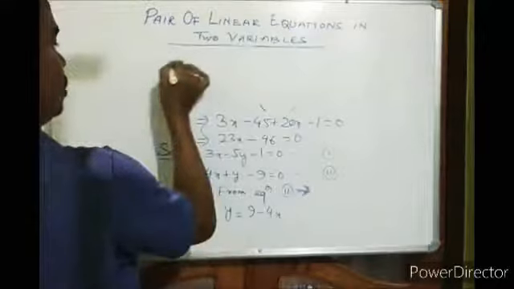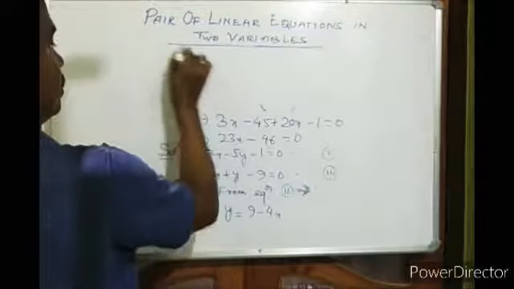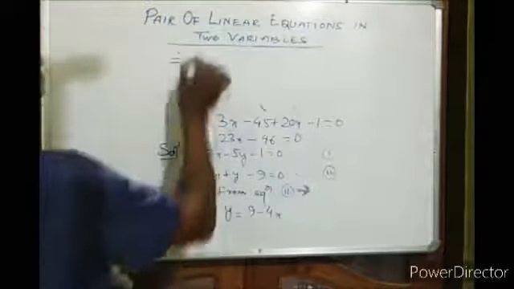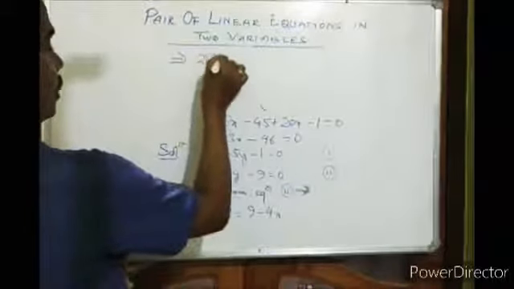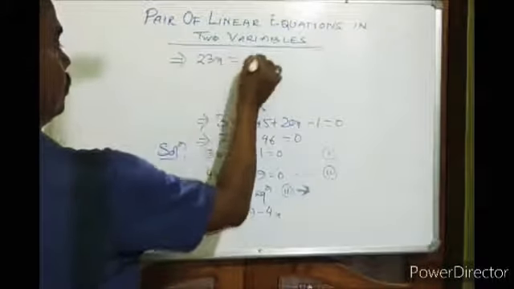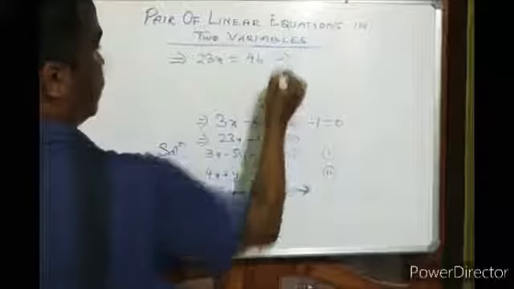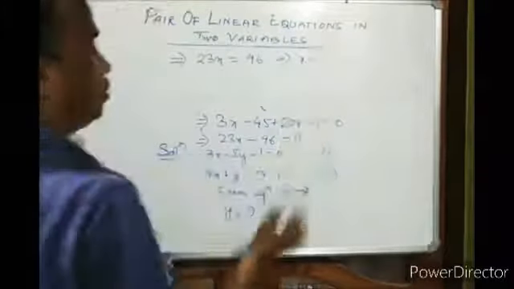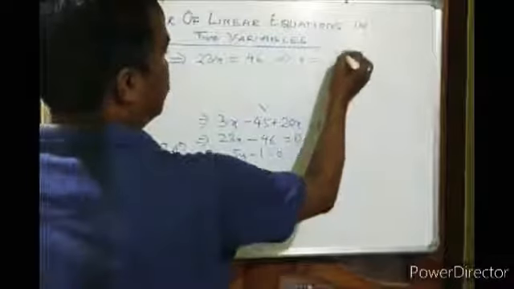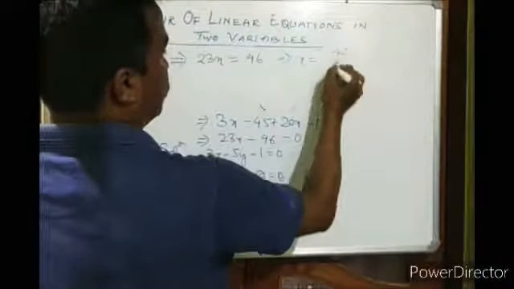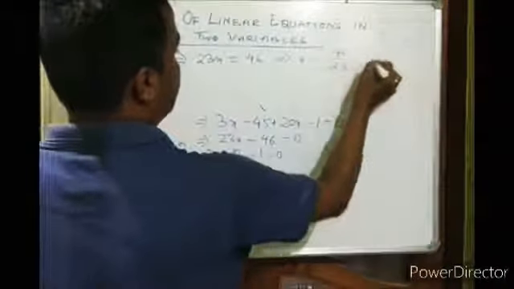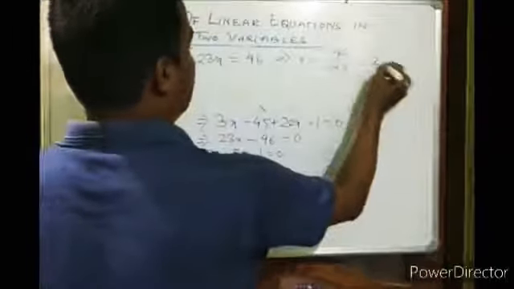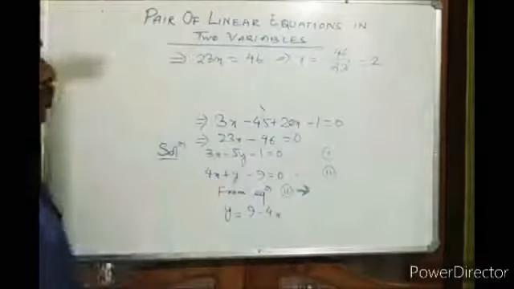This implies 23x equal to 46. So x is equal to 46 divided by 23, which is equal to 2. So the value of x we have got is 2.